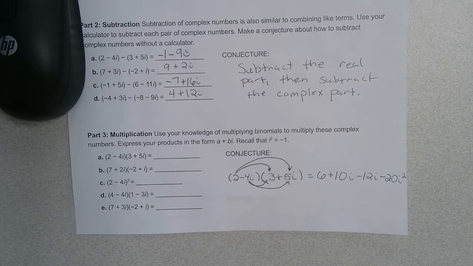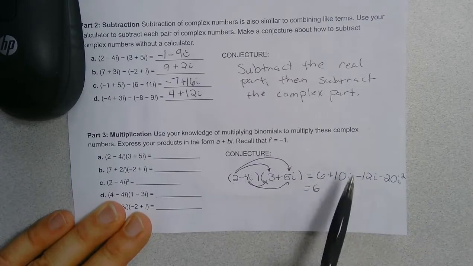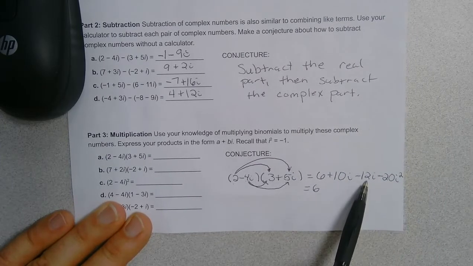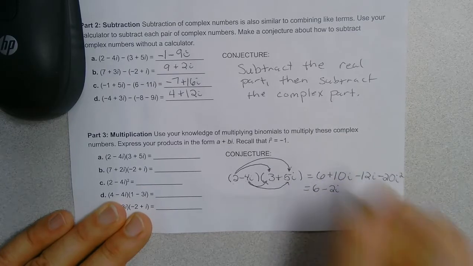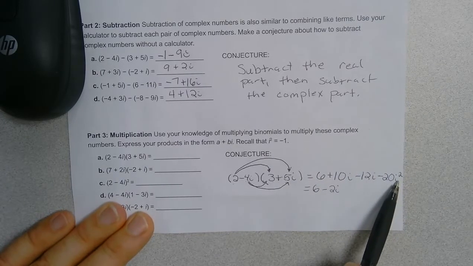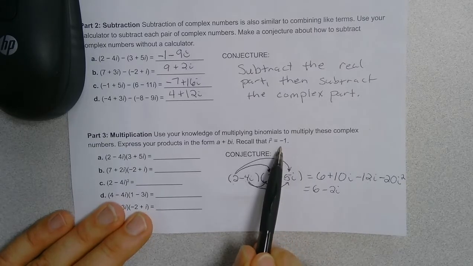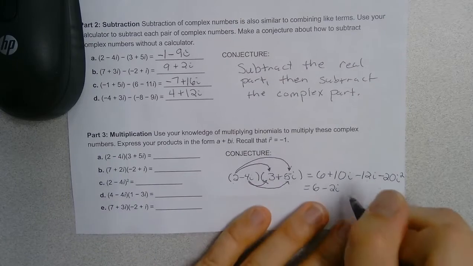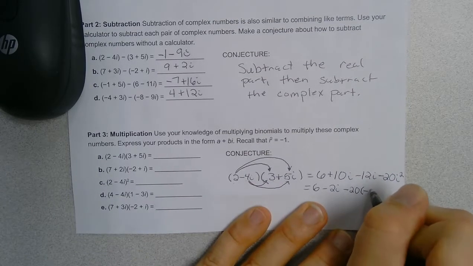Now we're going to simplify a little bit. So we have 6, and then I combine 10i minus 12i, so minus 2i. But now here, this i squared, we have to recall i squared is negative 1. So we have minus 20, but I'm timesing that by negative 1.